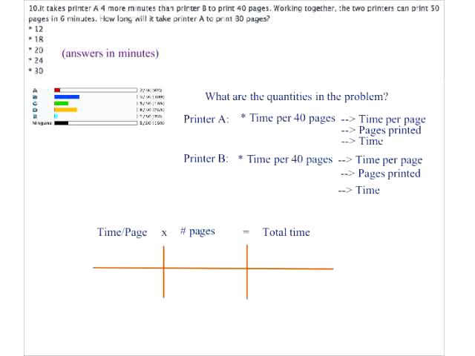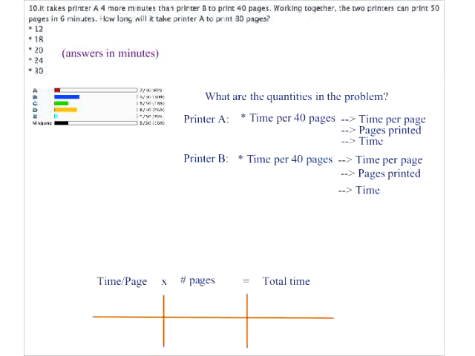Well, let's think about that. The time per 40 pages is 40 times the time per page, because the time per 40 pages is just 40 times as long as it takes to make one page.